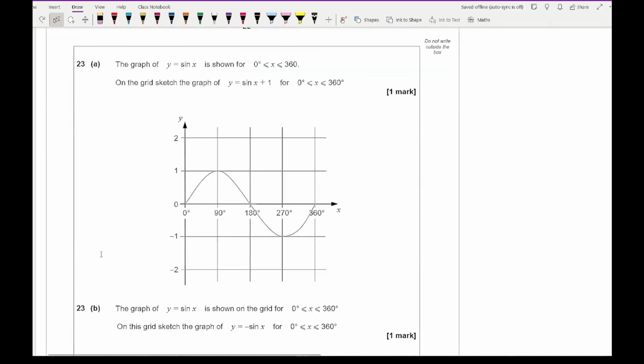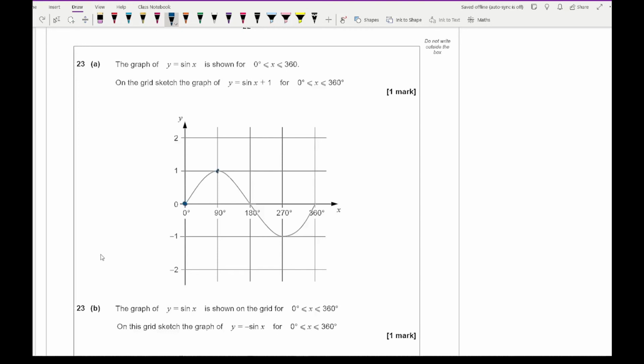Then moving on to question 23a, it says the graph of y equals sine x is shown, and on the grid, sketch the graph of sine x plus 1. Here we're adding 1 to the function. When you're adding 1 to the function, you basically move the y ordinates up one place.